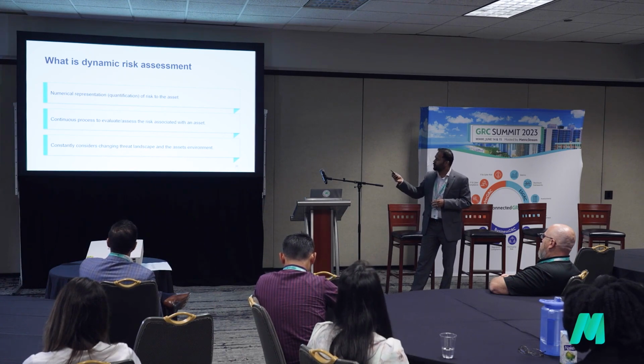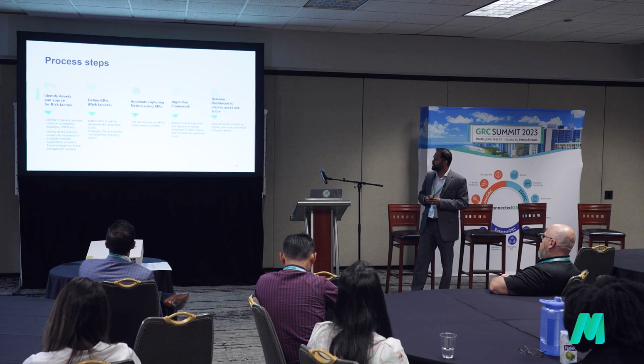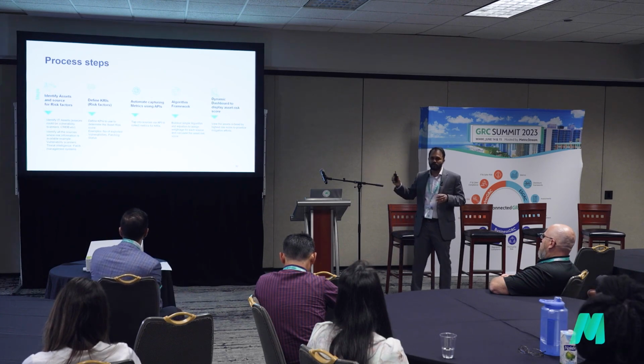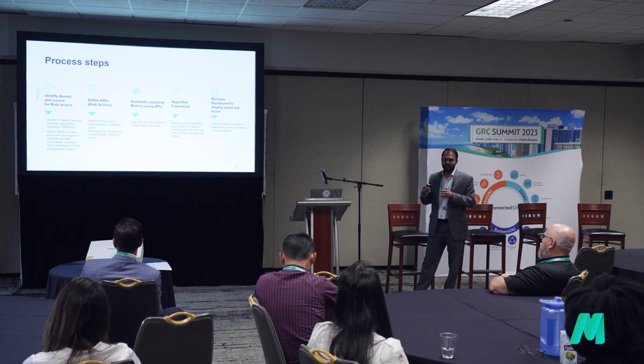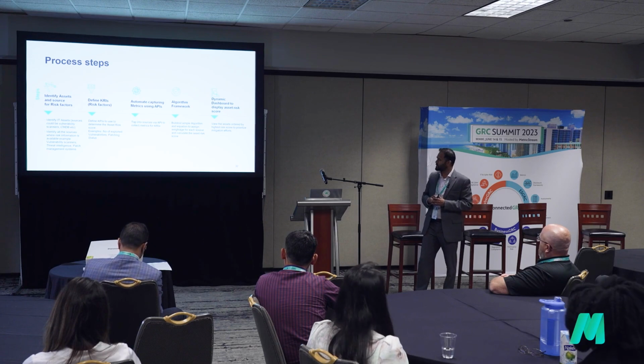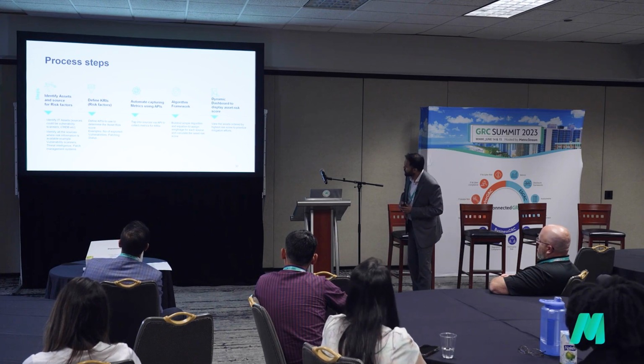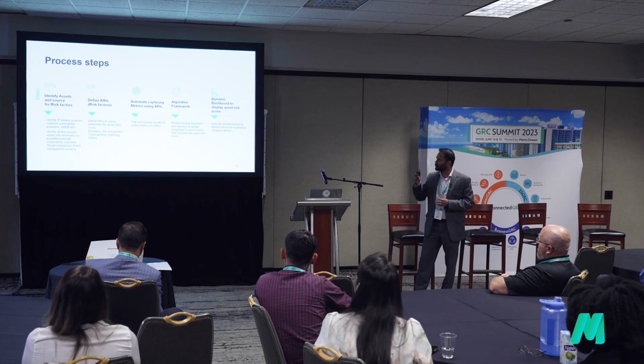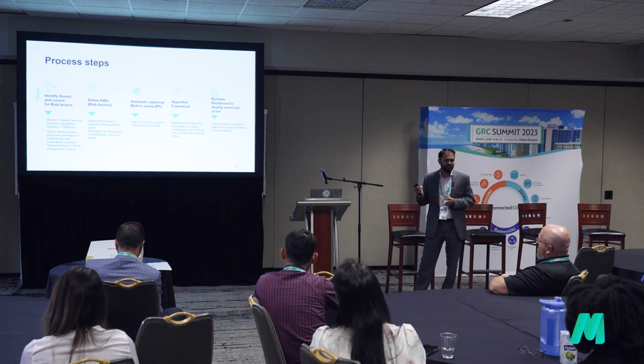So how do you go about accomplishing this? I've laid it out here in 5 simple steps. What are those 5 steps that we need to achieve in order to get to a dynamic risk assessment stage? Sorry, the text may be a little small. The first step is to identify the assets and the sources for your risk factors.